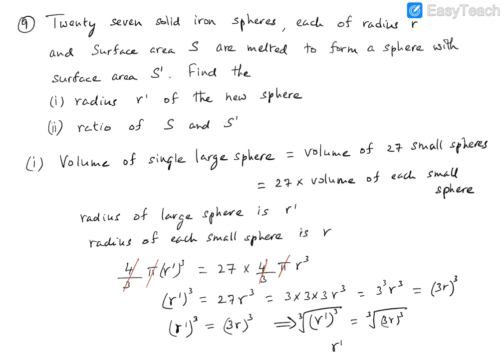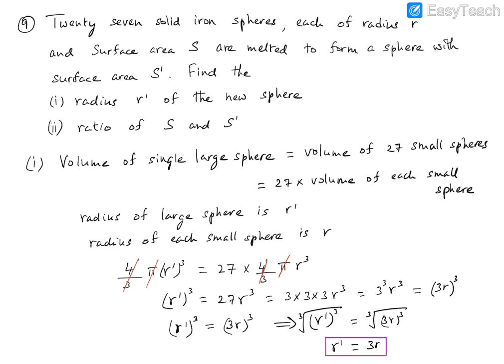So basically r dash is equal to 3r, because the cube root and the cube cancel each other. We have the relationship between the radius of the large sphere and the radius of each of the small spheres, and clearly the radius of the large sphere is 3 times the radius of the small sphere.